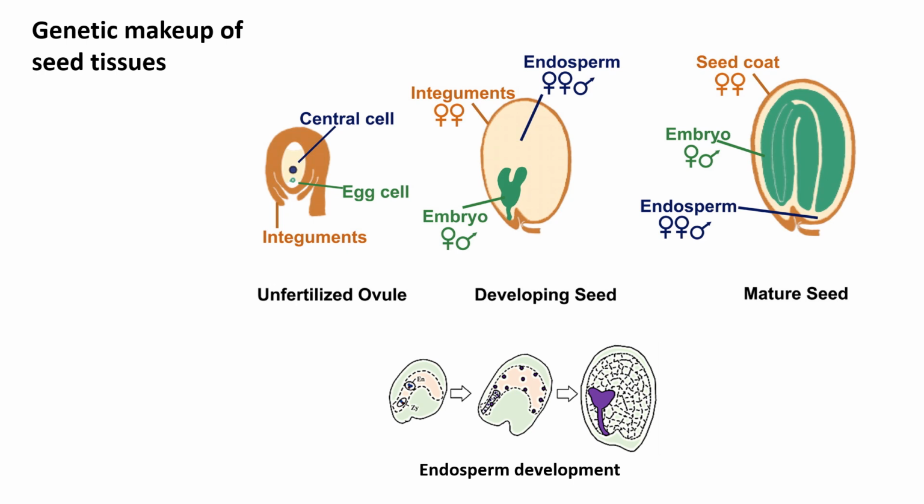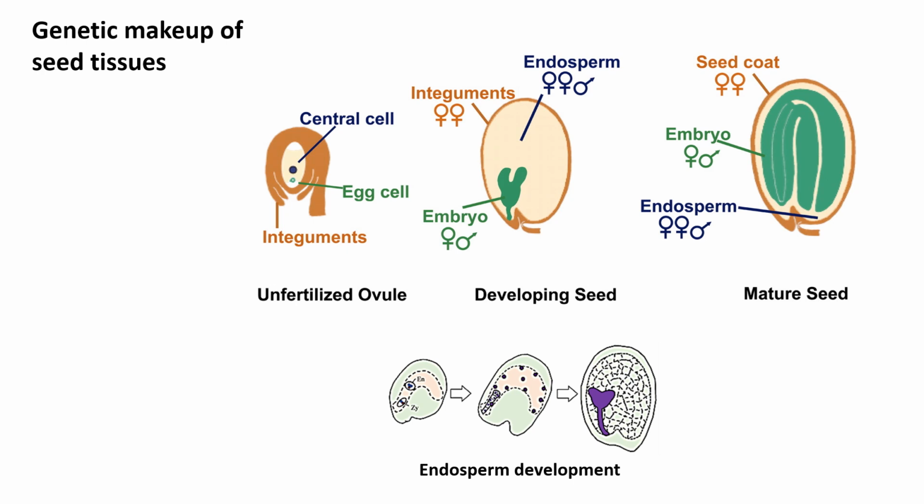The seed has a coat which is entirely of maternal origin, which is formed by the integuments of the ovule. Now the endosperm arises from the fertilized central cell. First, the central cell nucleus undergoes a series of mitotic divisions to produce a multinucleate expanding central cell that surrounds the embryo.